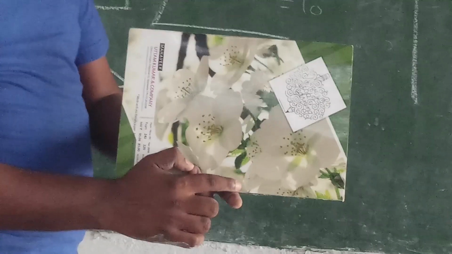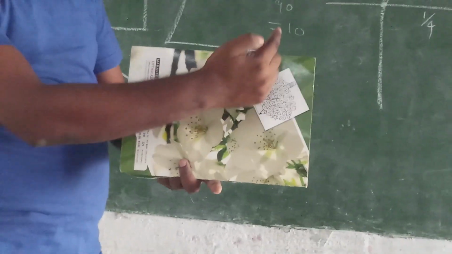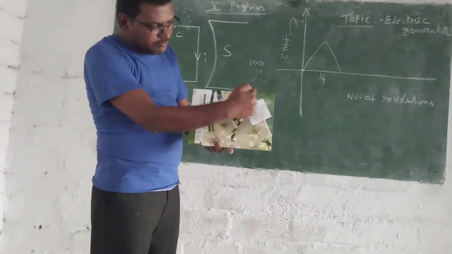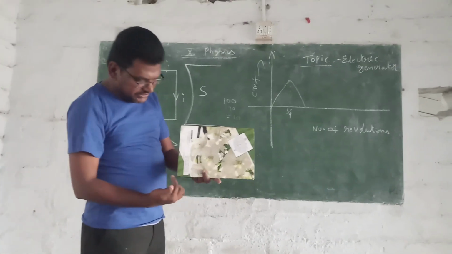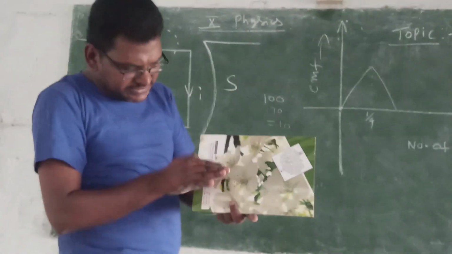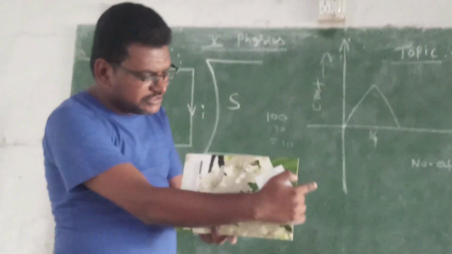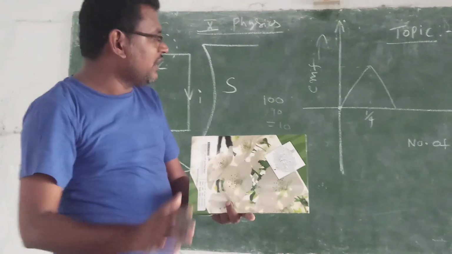And here is A, and when it was at the bottom, the direction of flow of current was in this direction, but now when it is at the top, the direction of current is reversed. That means after the half rotation, the direction of current changed in the top and bottom wires.